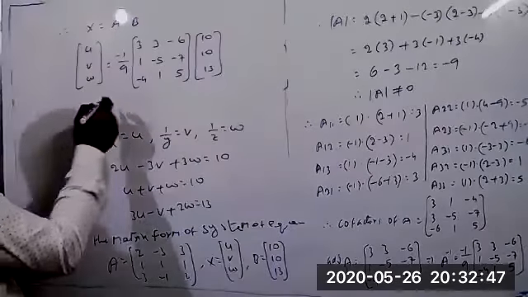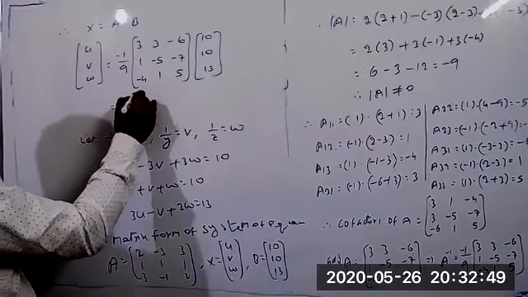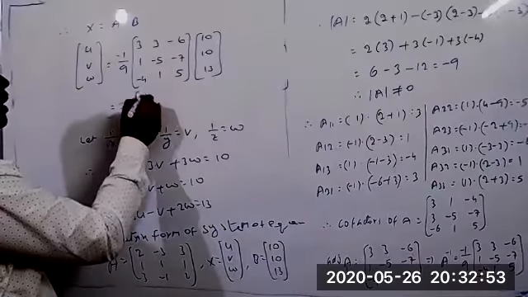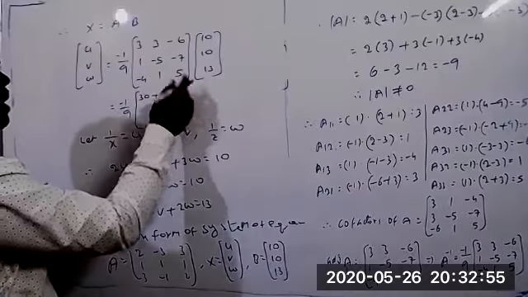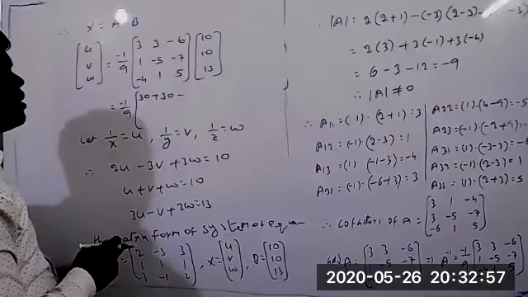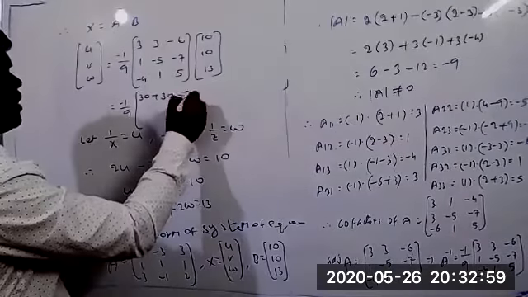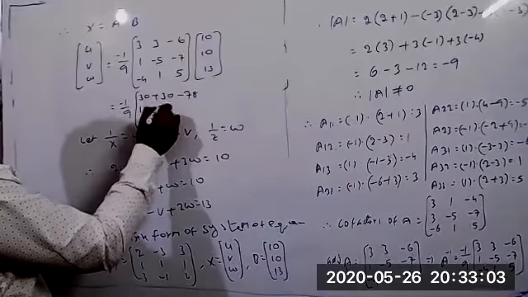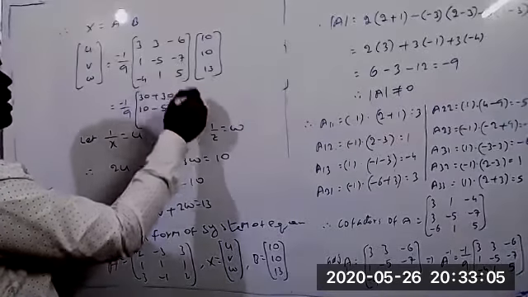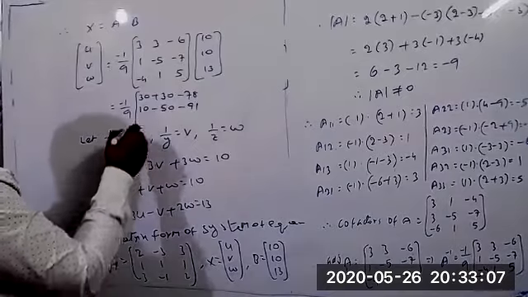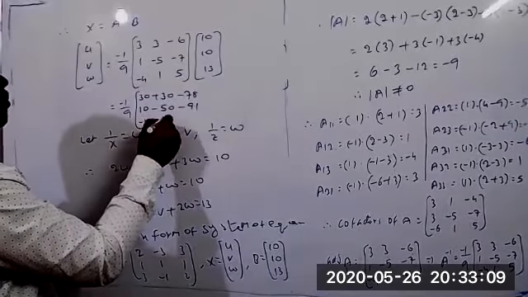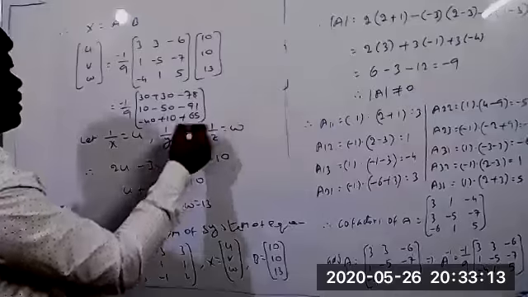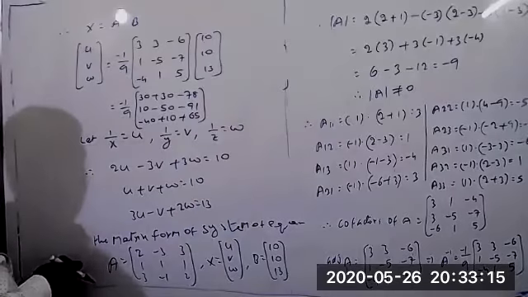So minus 1 by 9 into multiply all the values: 3 into 10 equal to 30, plus 30 minus 6 into 13, that is 60, 78. This is the 10 minus 50 minus 70, 91. Next, minus 40 plus 10 plus 65.